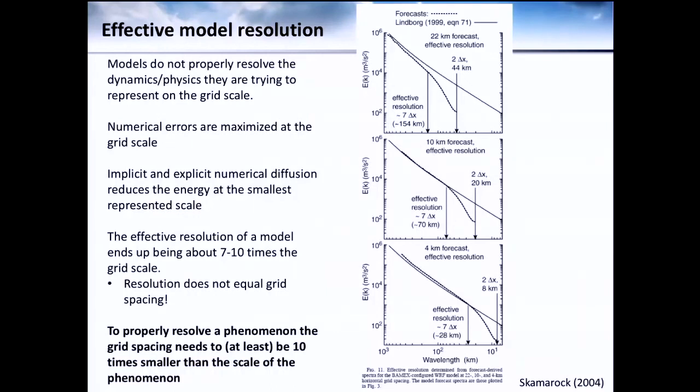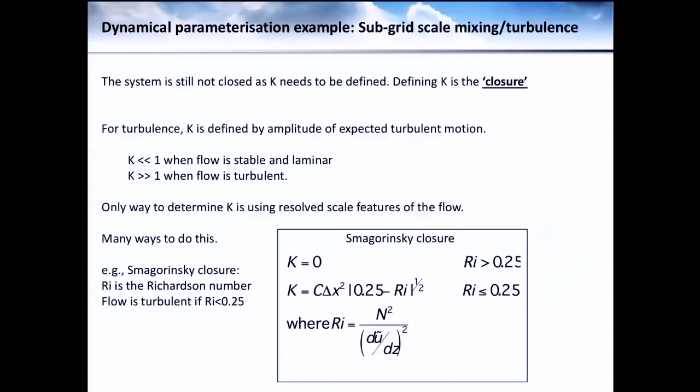And to calculate our parameterizations, we're actually using the grid scale. Here's our Richardson number calculation, where we're calculating the Richardson number to define our diffusion coefficient. We're calculating that from the grid scale, whereas we probably should be calculating that from 7 times the grid scale to define those terms. We're not doing that. So we are doing something fundamentally wrong here.